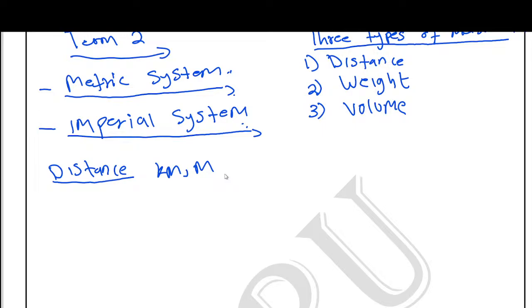Then we have centimeters. We have the 30 centimeter ruler, and we use it on smaller measurements, on smaller distances. For instance, if you want to measure the length of your desk in the classroom, we can use centimeters. And we also have millimeters.